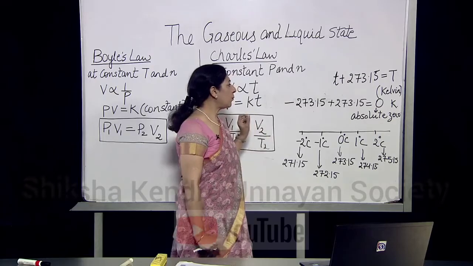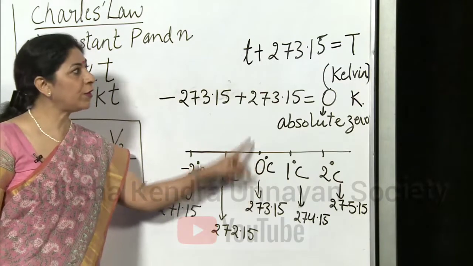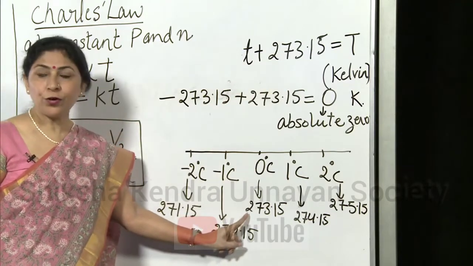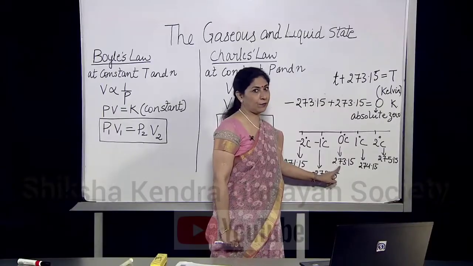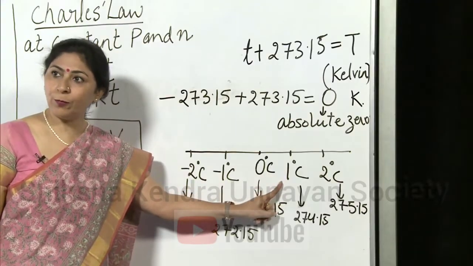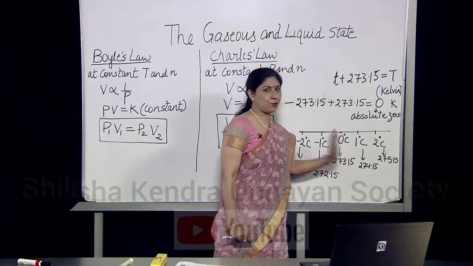Now, suppose it is 0 degrees Celsius and you add 273.15, what Kelvin will you get? You will get 273.15. Same way, if we add 1 to 273.15, we will get 274.15 and so on.